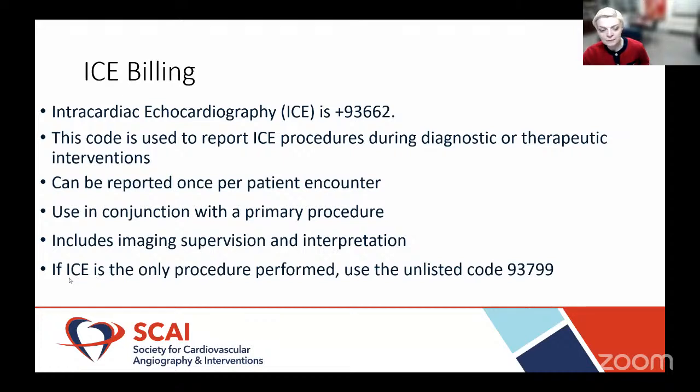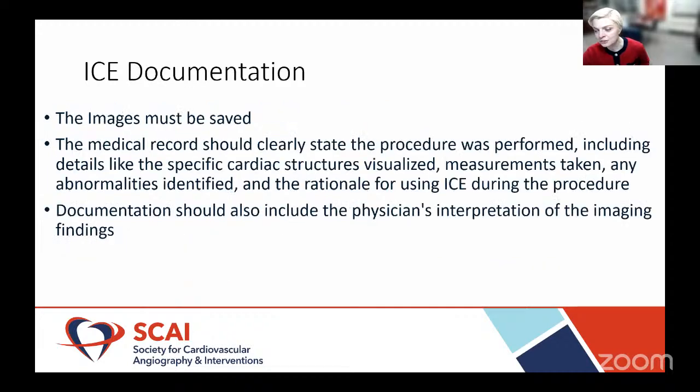And if ICE is the only procedure performed, without any intervention or cath, you use the unlisted code, 93799. For documentation, it's very important that the images are saved, and that the medical record clearly states that the procedure was performed, what was seen, and measurements taken.